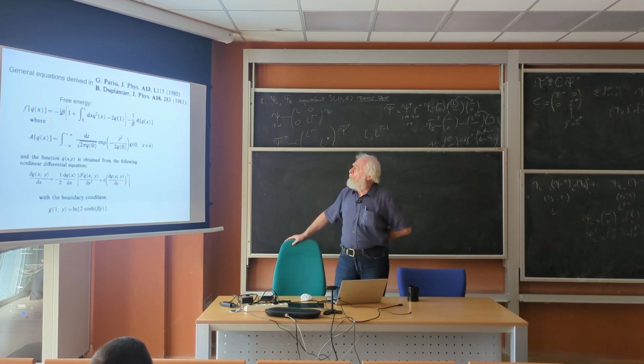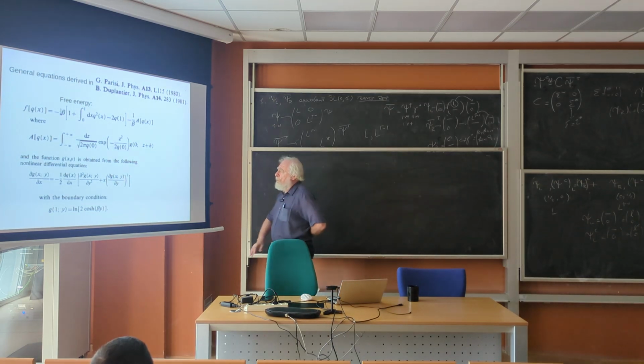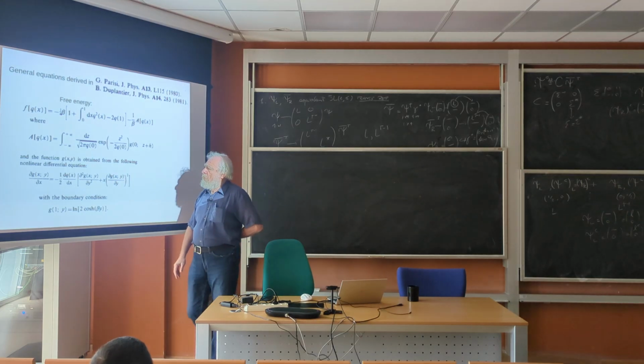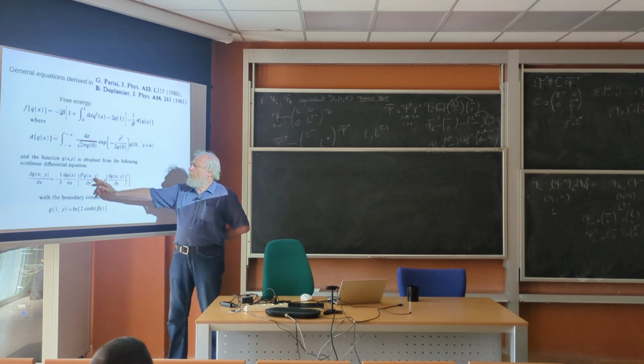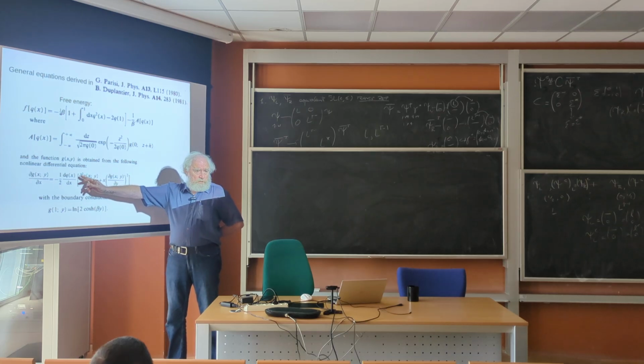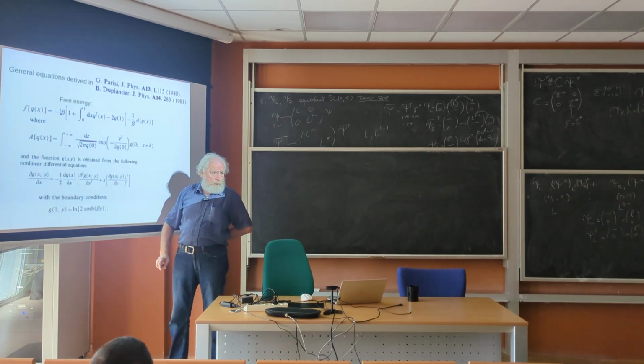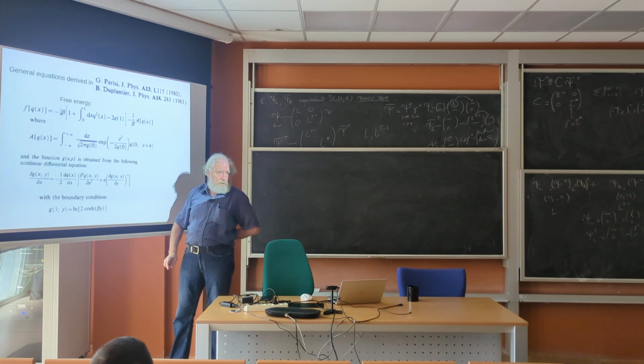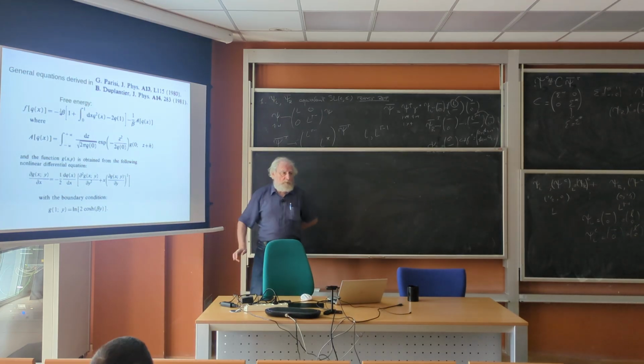Now, here it is still not the whole. What is written here is not sufficient, because this equation for j depends on q of x, and we need to find what is q of x also.